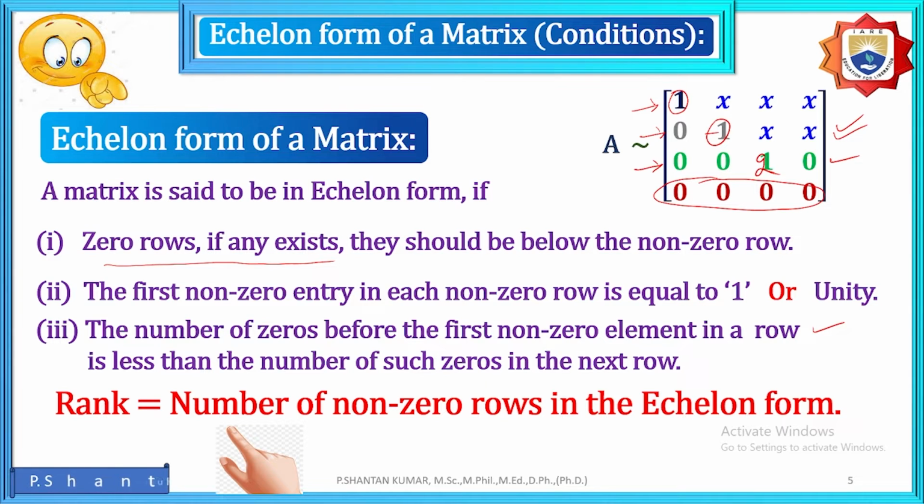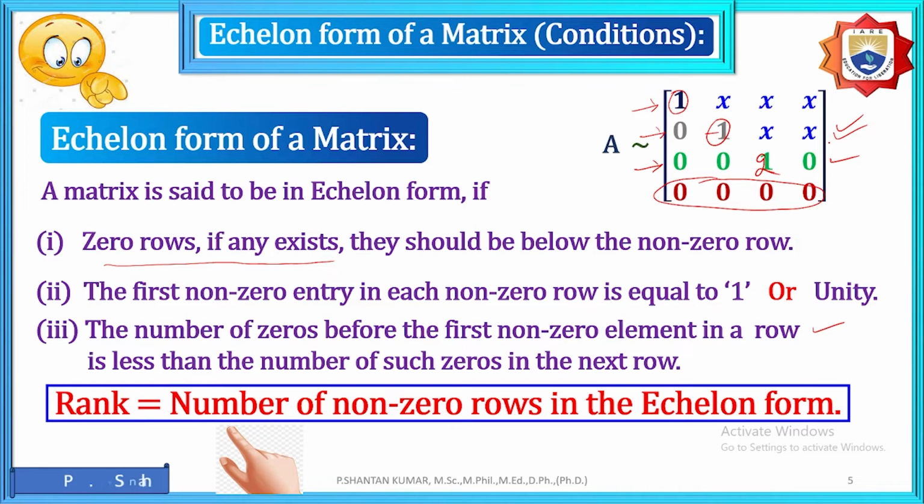Here, whatever we consider, this is the given matrix on the right side. In this matrix the number of non-zero rows is 3. Therefore, that particular matrix has rank 3. We need to remember that the number of non-zero rows in the echelon form of a matrix is equal to the rank of the matrix.